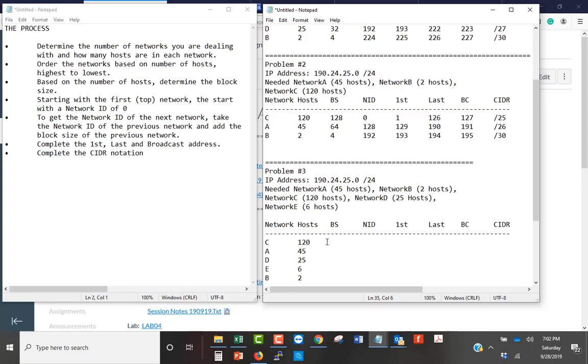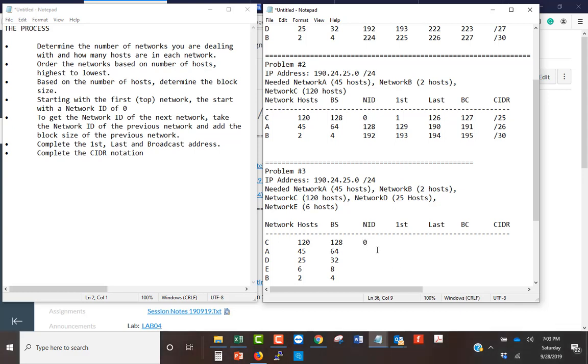All right, we'll fill in our block sizes: 128, 64, 32, 8, and 4. We start out with 0.